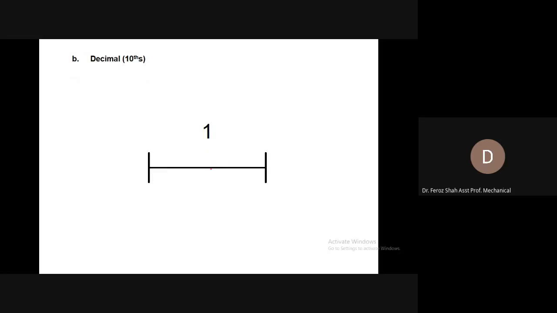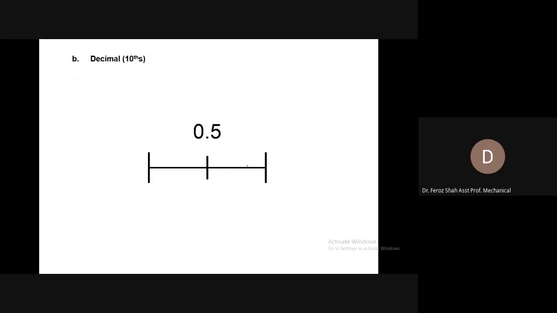First you draw a line of 1 centimeter and then divide it into two equal halves through perpendicular bisection, as I have already told you.